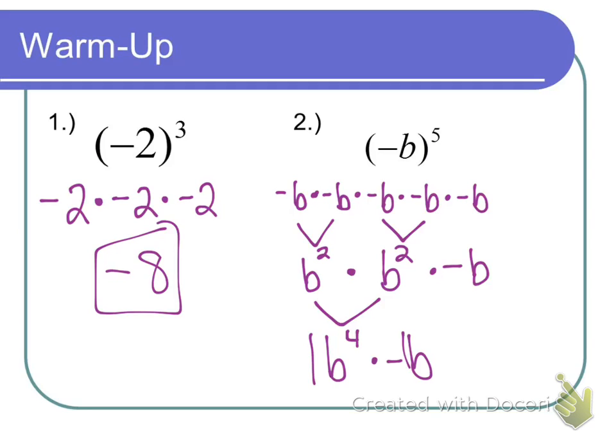A -1. A positive times a negative is a... I should hear that a little bit louder. A positive times a negative is a negative. So we know our answer will be negative, and b to the 4th times b is b to the 5th.